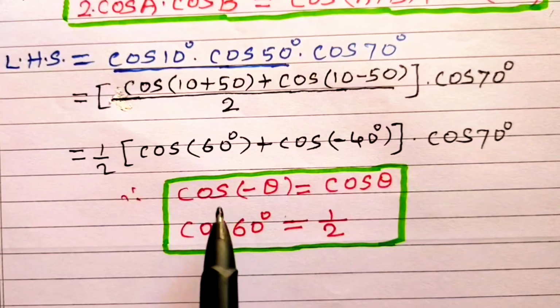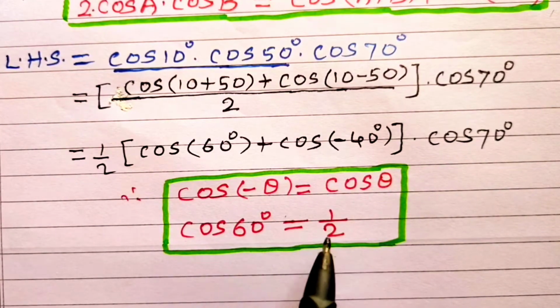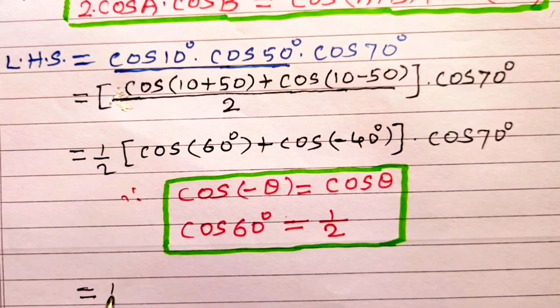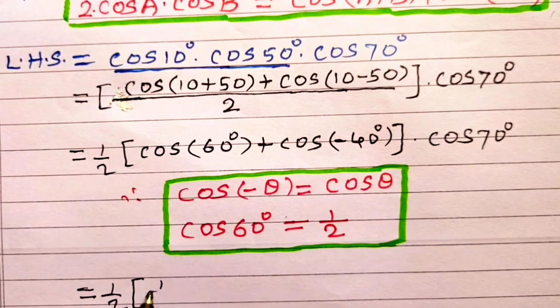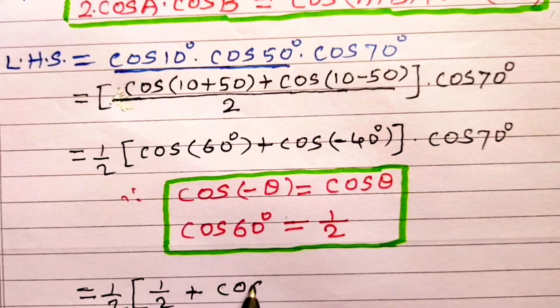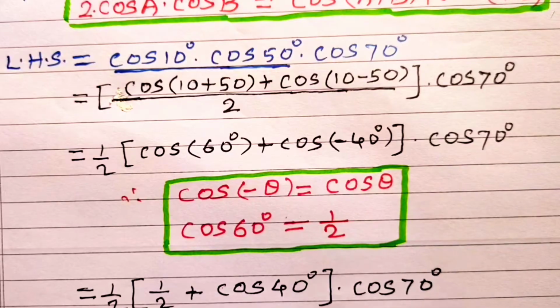Since we know cos minus theta is equal to cos theta and cos 60 degree is equal to half. Put these values here. Hence LHS can be written as 1 upon 2 into bracket cos 60 degree is equal to 1 upon 2 plus cos of minus 40 degree is equal to cos of 40 degree into cos of 70 degree. Now multiply this bracket by cos 70 degree.